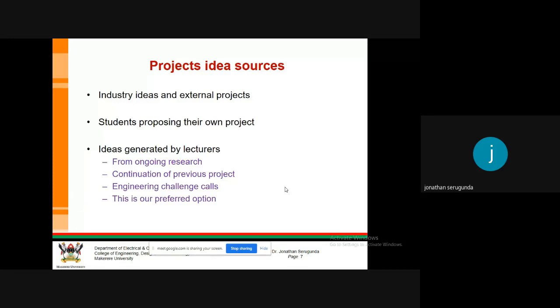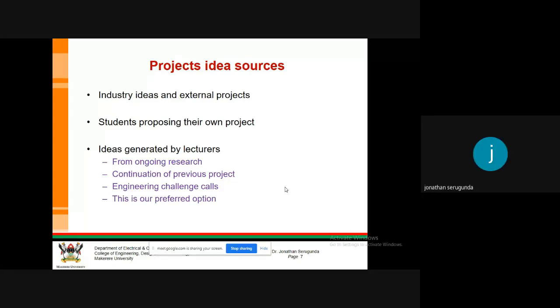We also have industry-based ideas. We do collaborate with several people in industry, some through MOUs with these industries or factories, or on a personal basis. I know someone who works somewhere and they think they need a solution from the university.